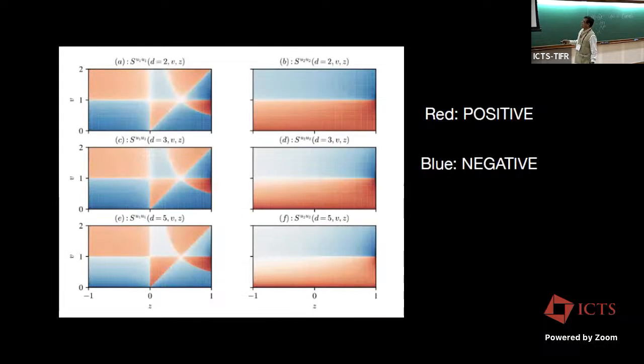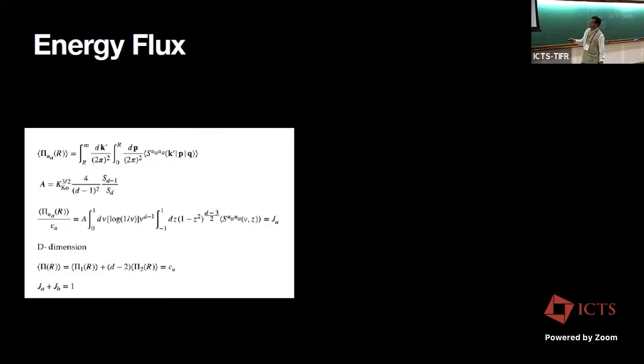Okay, and this integral gives me some stuff. So the final equation is, I think, here. This is what I want to write. So this is my flux, which is the integral of this S. Now, when I do some bit of juggling around with variables, I get this equation, which is pi flux at a radius r, where r is the radius of the sphere, divided by epsilon u, the dissipation rate, which on the right-hand side is the integral.